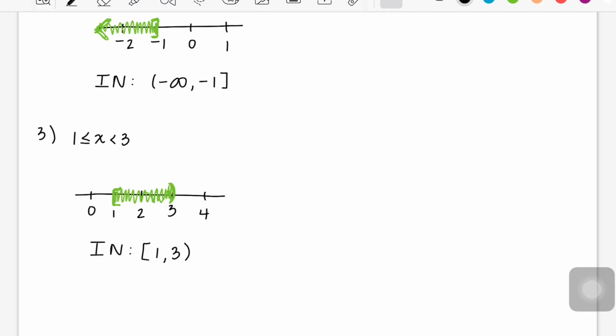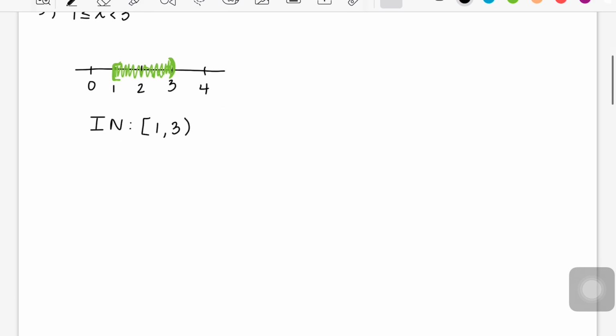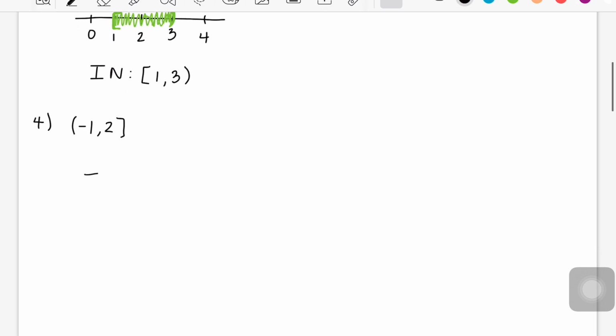All right. Now, we should also be able to be given an interval and use that to determine what the inequality is. So for our next example, we're going to be given the interval negative 1 to 2. Now, again, let's look at our number line.